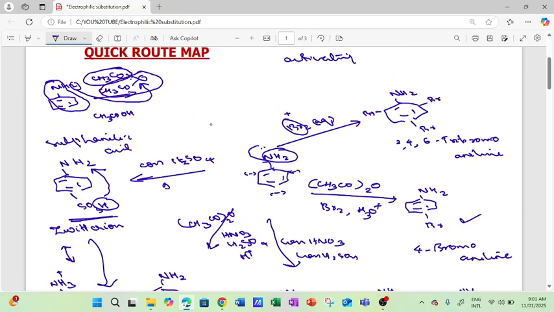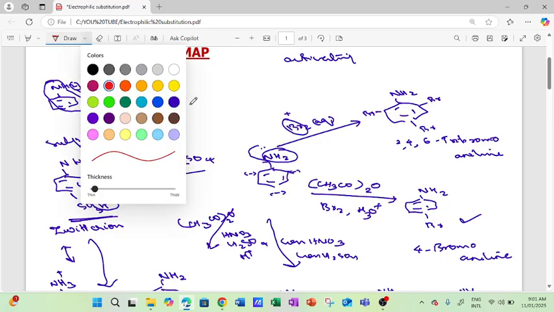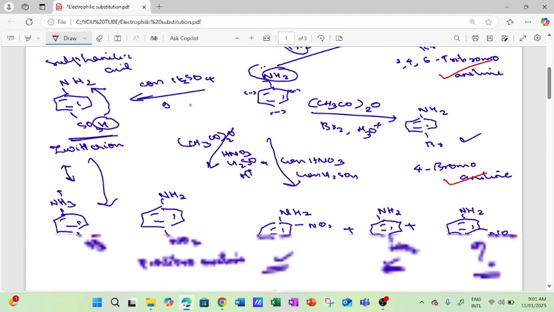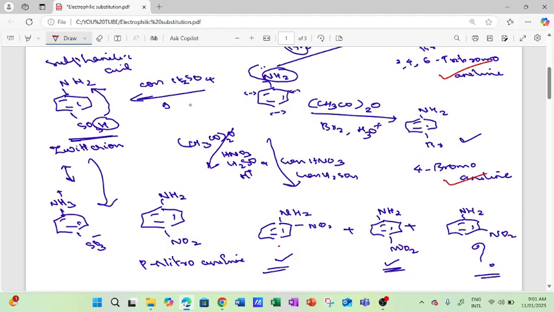So once more, the important conversions I'll tell you. Aniline to 2,4,6-tribromoaniline, aniline to 4-bromoaniline, aniline to ortho-nitro, para-nitro and meta-nitro together.